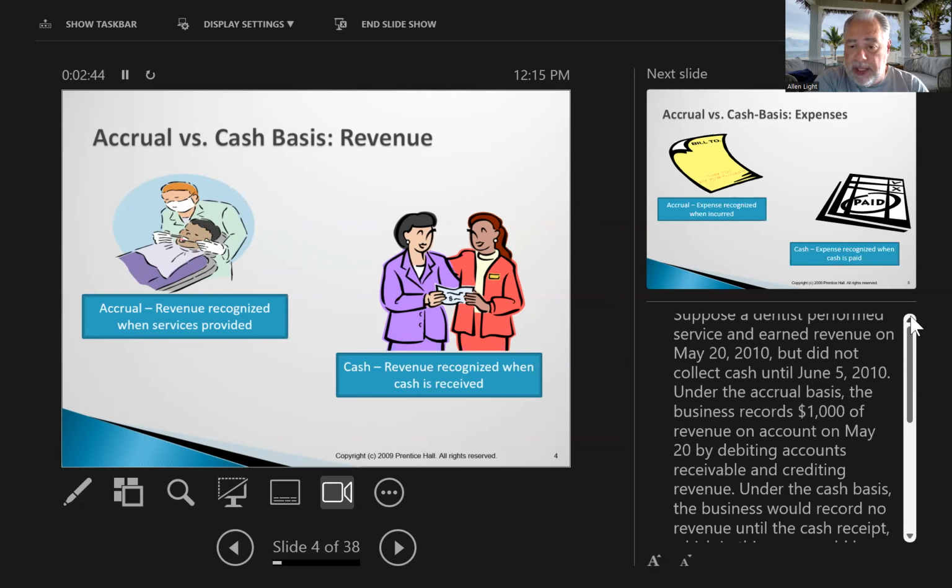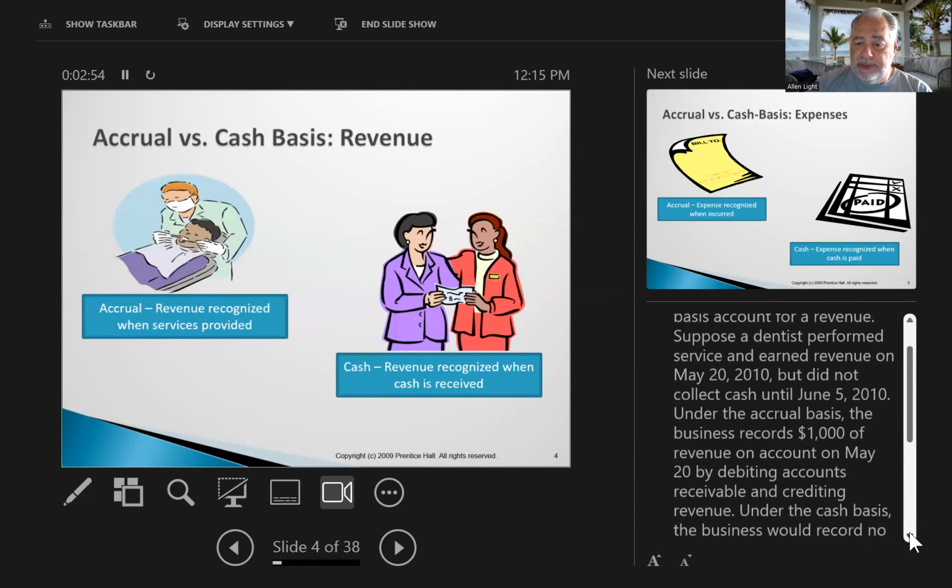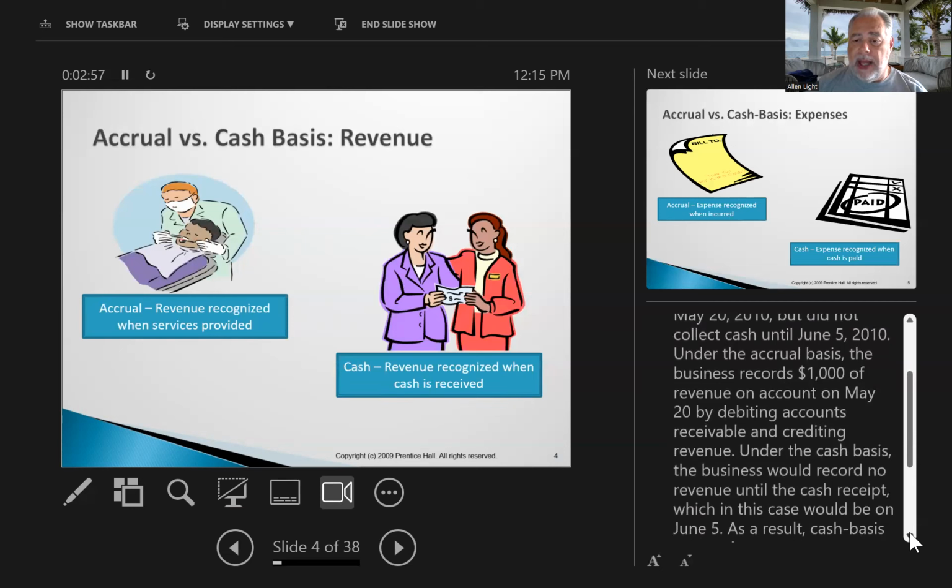Under the accrual basis, the business records the $1,000 of revenue on account on May 20th by debiting accounts receivable and crediting revenue. Remember, we recognize revenue even though we haven't been paid for it yet.